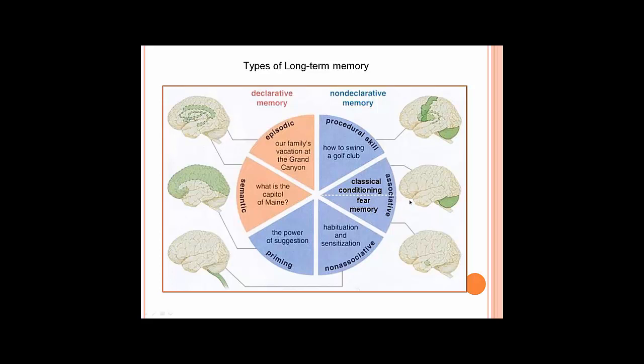For example, let's say that we have trauma, PTSD is associated with fear memories. If it's too intense or too severe, it detracts from everything else in this individual's life because the memory supersedes everything else. Then also there's habituation and sensitization. So after a while, you're used to something or you sensitize to something. It's non-associative. You're not thinking about it.